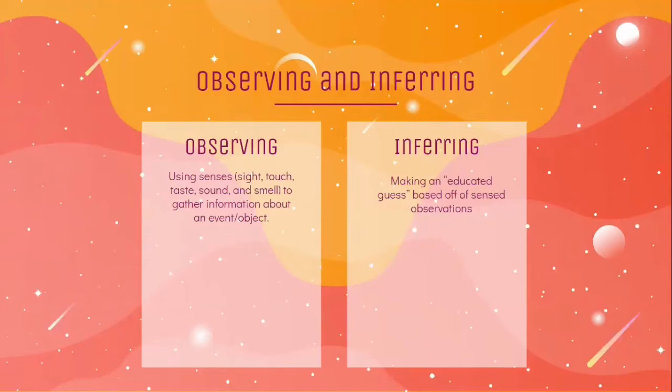It's just that a hypothesis usually relies on a scientific observation to take place. And so in terms of observing, an example might be that this rock feels round while this rock feels jagged. Those are 2 observations about rocks and their texture in particular. And so an inference would be an educated guess based upon those observations.